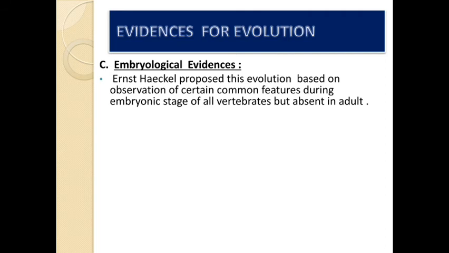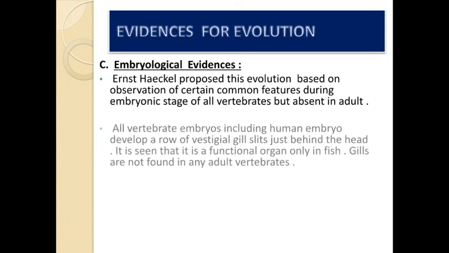But they become different at the adult stage. When they reach the adult stage from the embryonic stage, they show different structures, and similar characters transform into dissimilar ones. So this was observed by Ernest Haeckel.